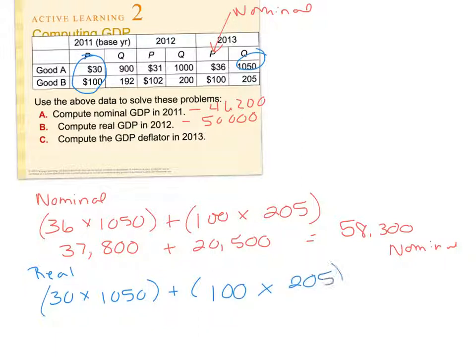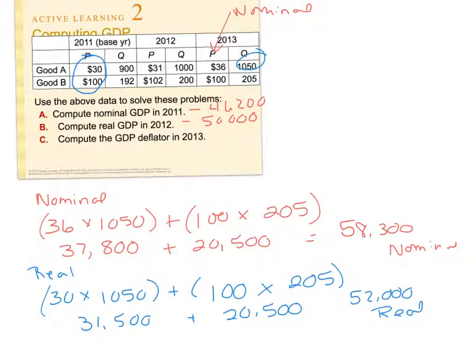That didn't change for us, so I already know from the previous problem that that's 20,500. Now I'll calculate 30 times 1050, and that gives me 31,500. 31,500 plus 20,500 ends up being 52,000. And that's real GDP.